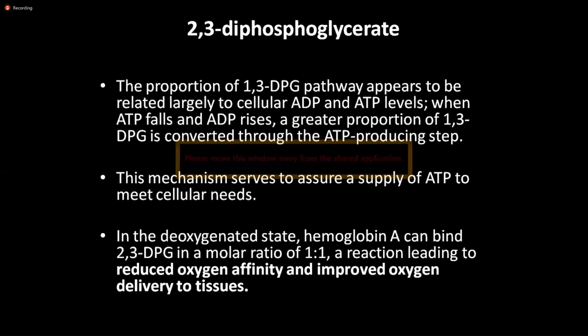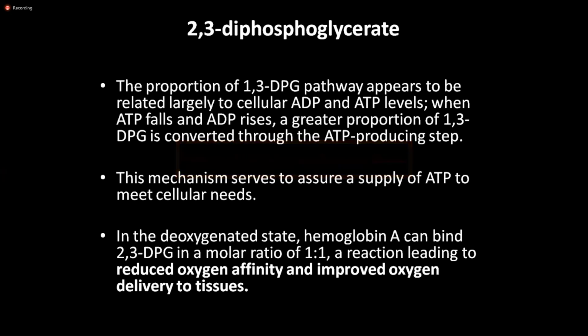After binding 2,3-BPG, it reduces the oxygen affinity and improves oxygen delivery to the tissue. This is a very interesting and amazing phenomenon. When our tissue is in high need of oxygen or high need of energy, for high need of energy the tissue also requires oxygen.